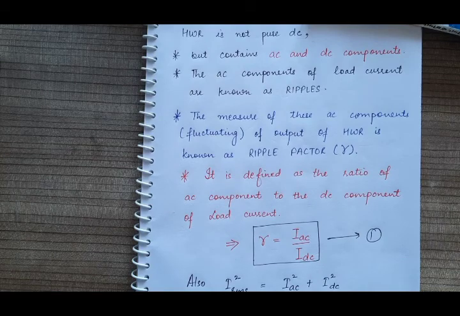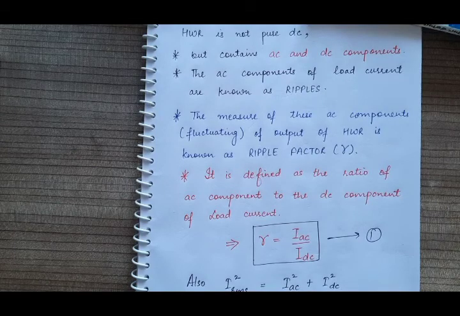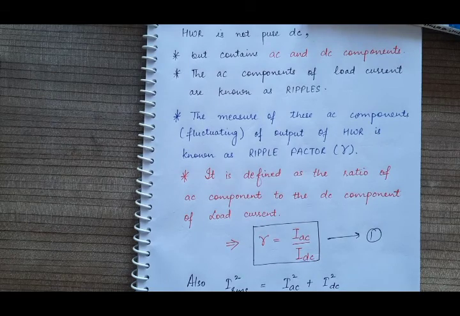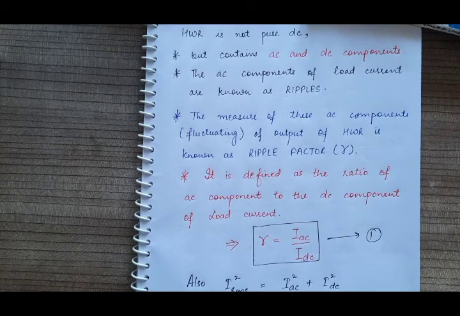So here we will check the amount of AC component present in the output current and the amount of DC component present in the output current. After calculating the amount of AC component present in the output current, it will be clear to us whether this half-wave rectifier is a good device to convert AC into DC, or a poor device.